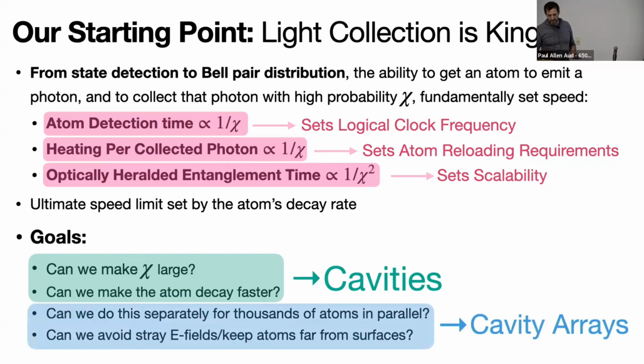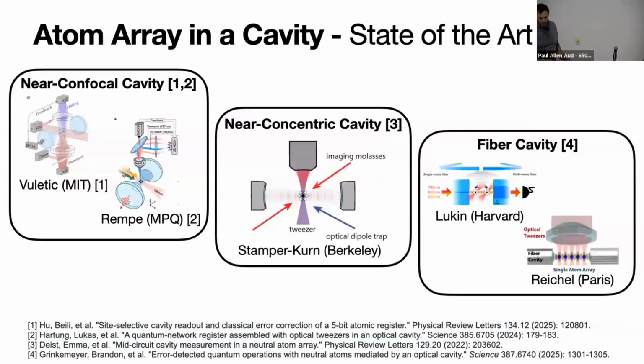Okay. So let's just hop into how we do this in practice. Yeah, great. So, I think it's fair to say we're not the first people to think about putting atom arrays in cavities. I would say our group has steered clear of that because we have very little experience, at least until Adam arrived, with atom arrays.